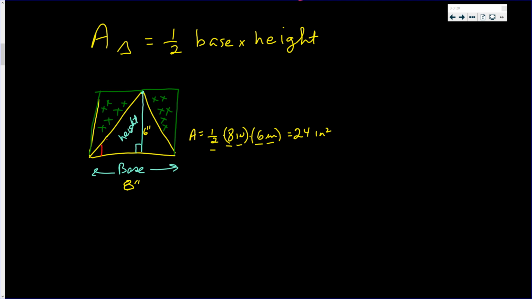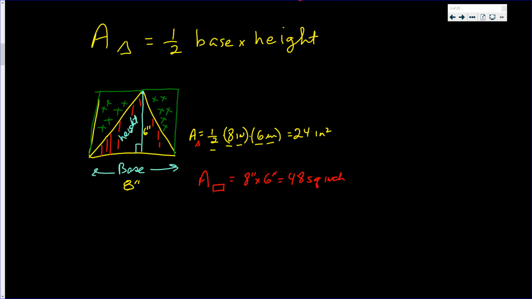That green area is equal to this area. So the area of that rectangle is the base times the height, which is 48 inch times inch, which is square inch.